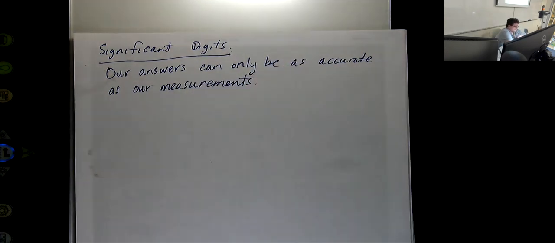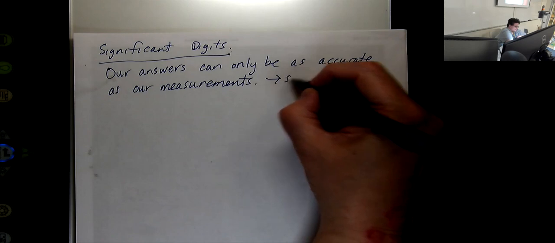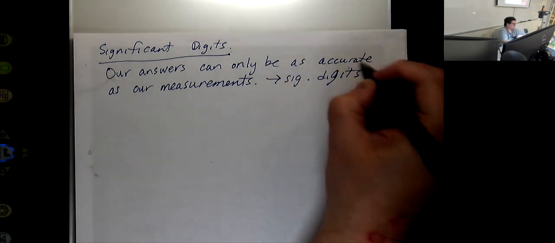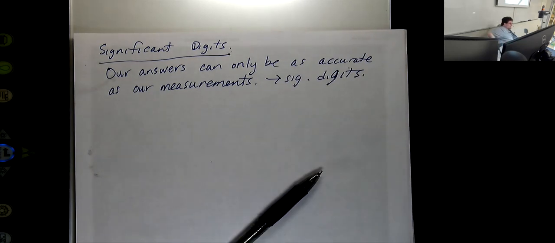And the way they decide this is they can count the significant digits. And so we need to address what counts as a significant digit.